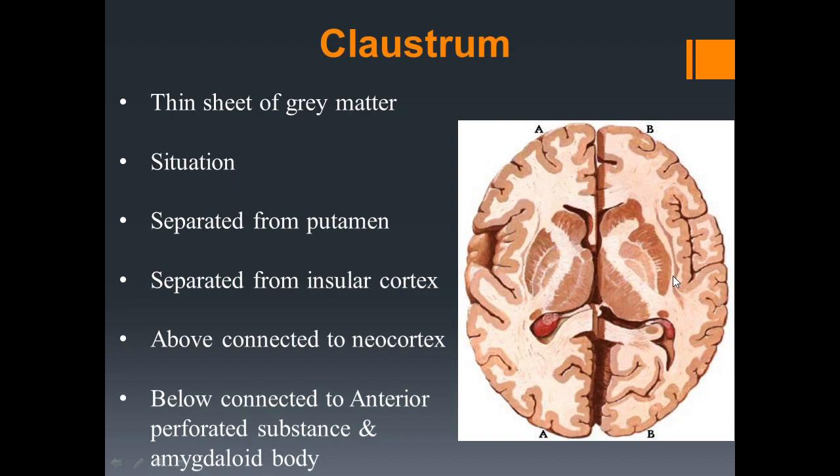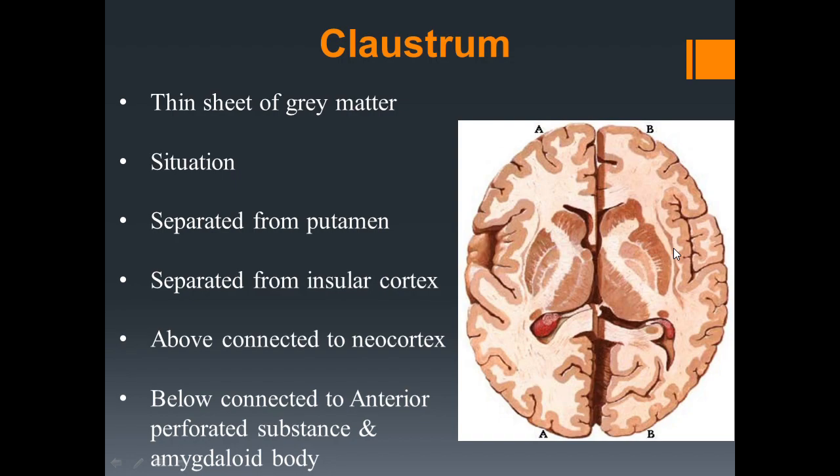This claustrum is separated from the lentiform nucleus by a bundle of white matter, that is the external capsule, and it is separated from the insular cortex by another bundle of white matter. This is the extreme capsule. So this claustrum is situated between the external capsule and extreme capsule.